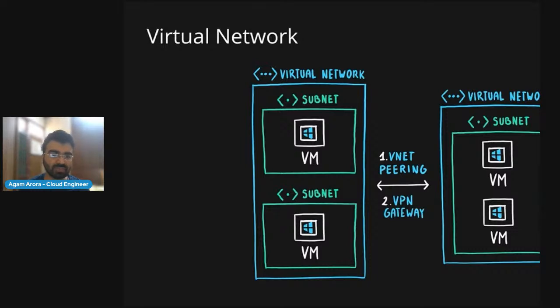Which means that if the virtual machine on the left side wants to talk to the virtual machine on the right side, which is available in the second VNet, they cannot talk directly. They cannot ping each other directly. They have to first of all be connected. Once we enable the peering, there is a connection between them, and they can talk to each other. Similarly, we are going to discuss other elements which are in the networking services of Azure.